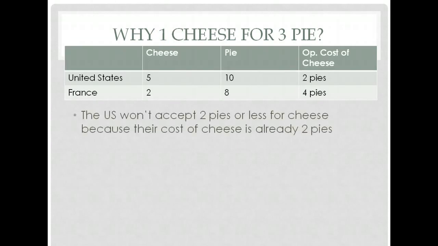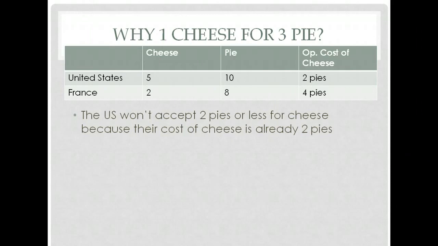Well, here's why. The US isn't going to accept 2 pies or less for cheese, because think about it. What is already the US's cost for 1 piece of cheese? 2 pies. So the US is going to say, listen, we're not going to trade unless we get back more than what we could produce on our own.